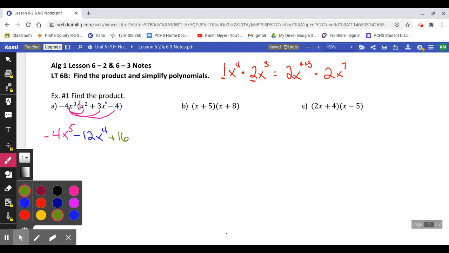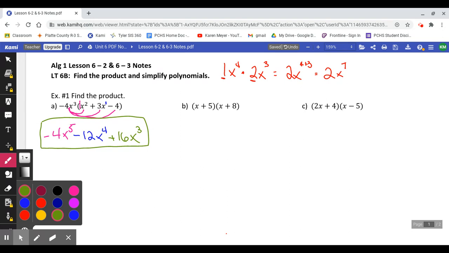The 4 inside the parentheses doesn't have any x's with it, so there's nothing to add to that exponent, so it stays as x to the 3rd. Then you always look to simplify, which just means combine like terms. But in our case, we don't have any like terms because they all have different powers, so we can't put them together. So this is my final answer.